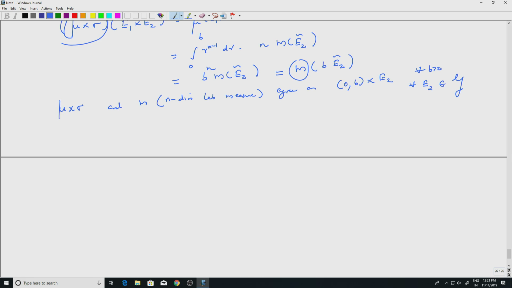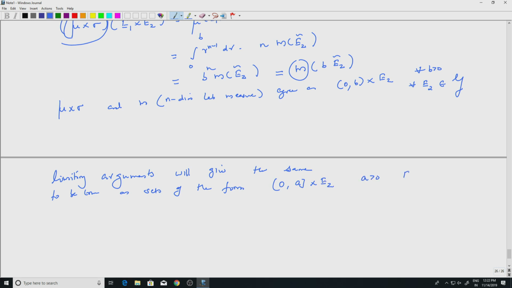So limiting arguments will give the same to be true on sets of the form (0,a] cross E2, where a is positive and E2 is in G. Well, how do you do that?